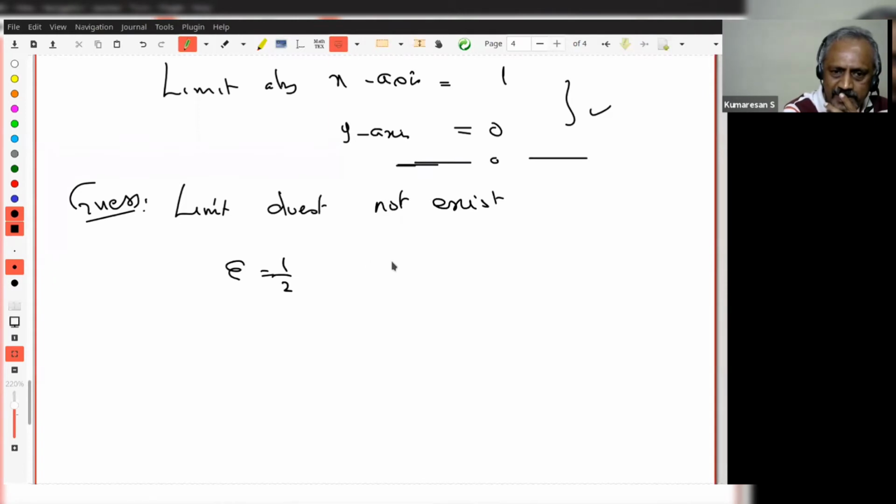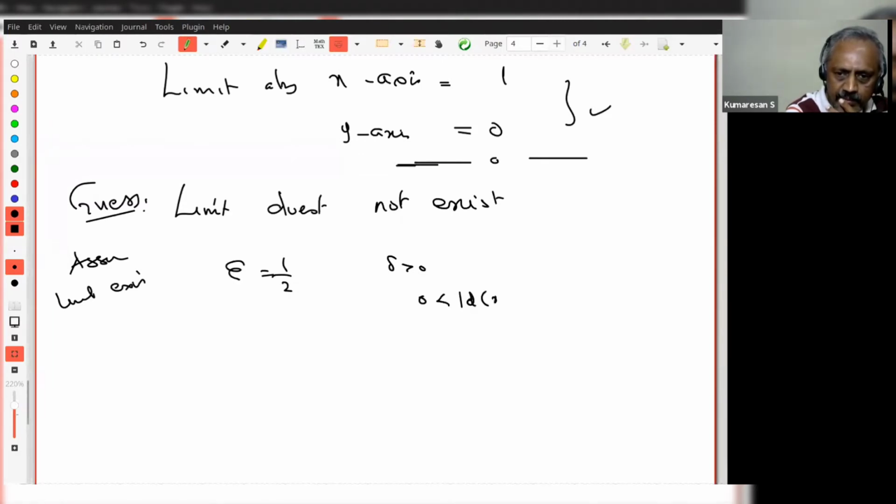If I assume the limit exists, then for epsilon equal to half, there is a positive delta so that 0 less than the distance between (x, y) and (0, 0) is less than delta should imply |f(x, y) minus L| should be less than epsilon, less than half.